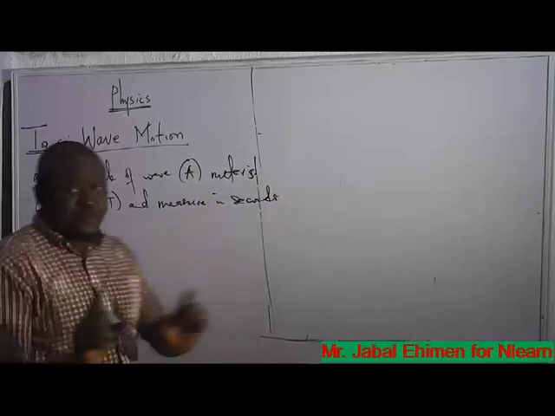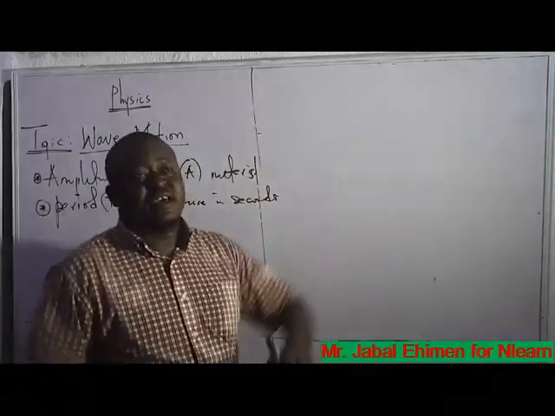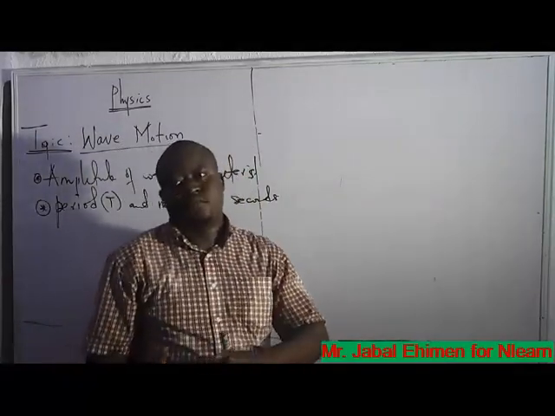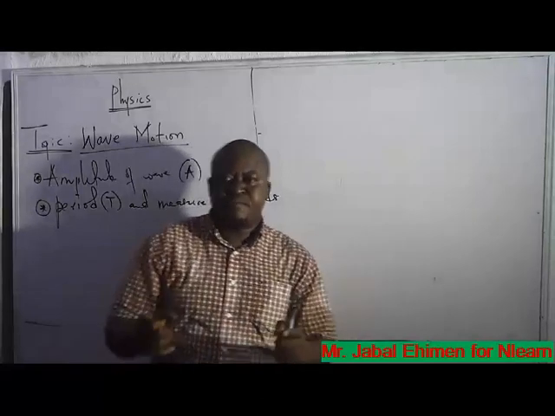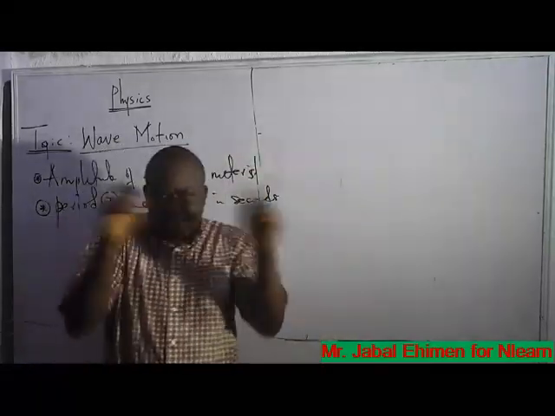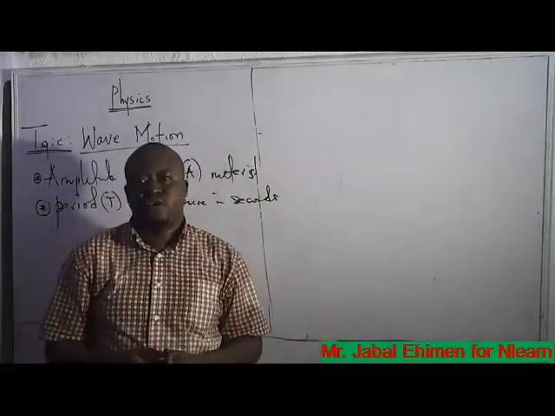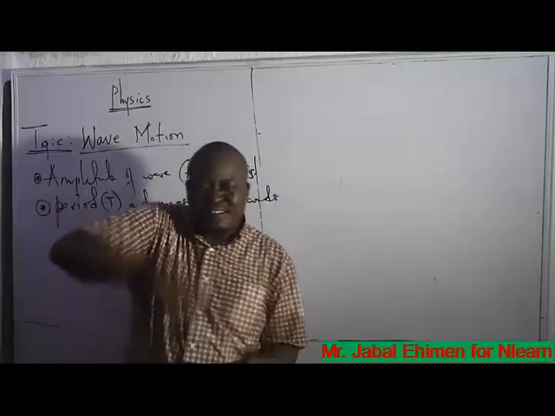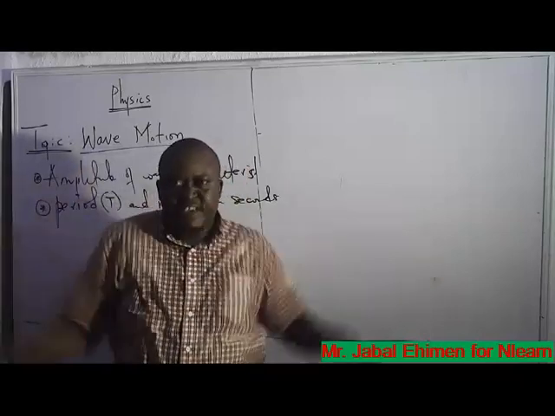So this period of wave is different. It is the time to complete one complete cycle or one complete revolution. So the time to complete one cycle, a cycle is a revolution.